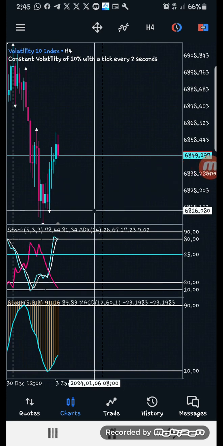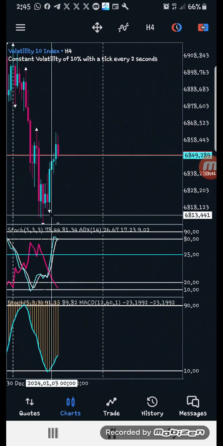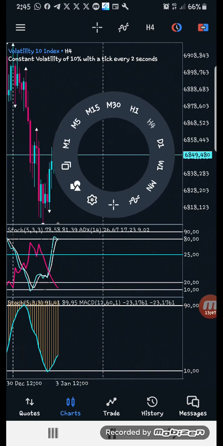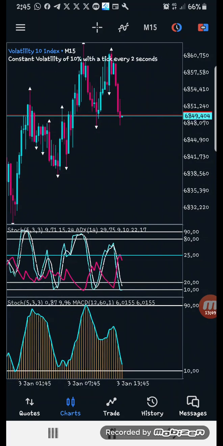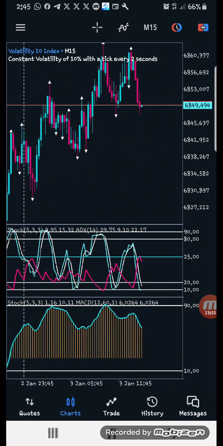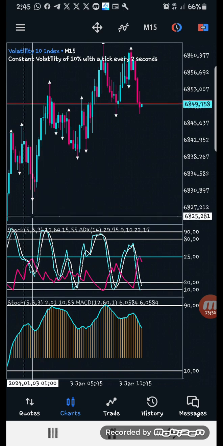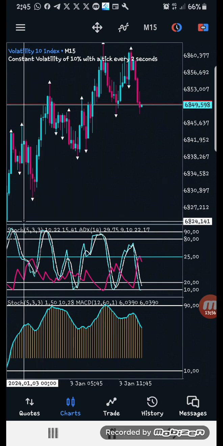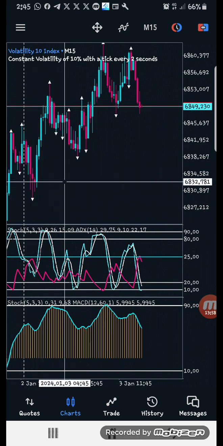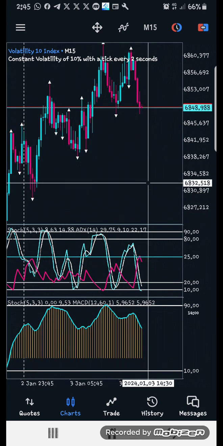So when I now go to 15, note this is from 12. If we use this our crossbar, check it from here, from 000 hour. Then we will now go back to 15 minutes time frame, and if you check, the 000 hour should be from this line here. Then now we'll be looking for a bullish setup.